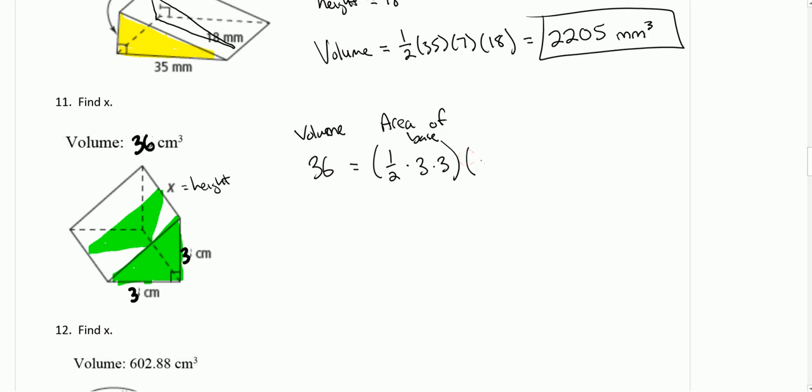And now we have the height, which is x. So 36 is equal to 9/2 times x. I'm going to multiply both sides by 2 and get 72 equals 9 times x. Divide by 9, and you get x is 8 centimeters.